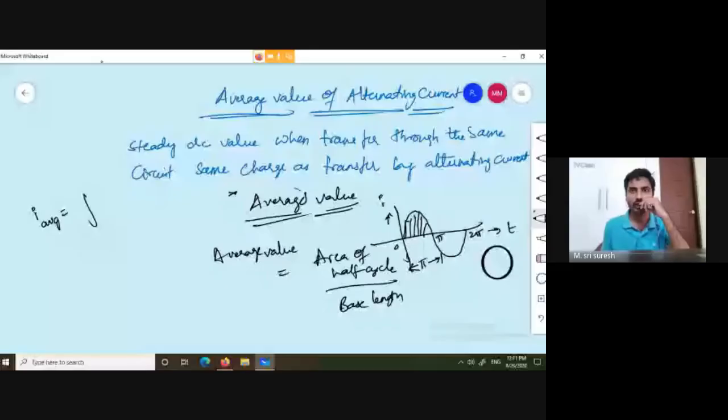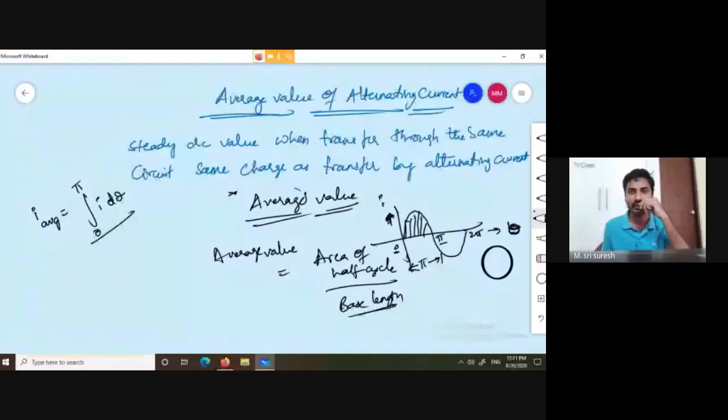We are integrating for the area of the curve of the alternating current, which can be replaced with d theta, because we are mentioning the time period in terms of degrees, so we can represent this axis as theta. So this is d theta divided by the base length. Since we are considering the area for a half cycle, the base length is pi minus 0.